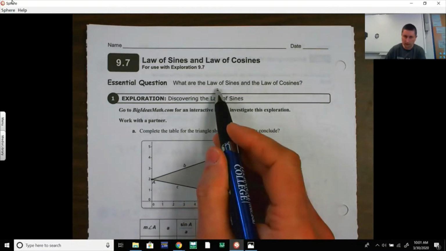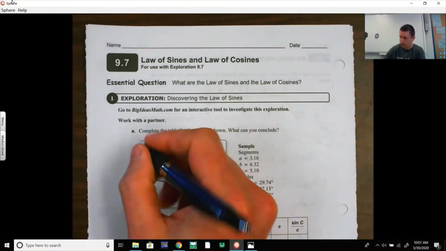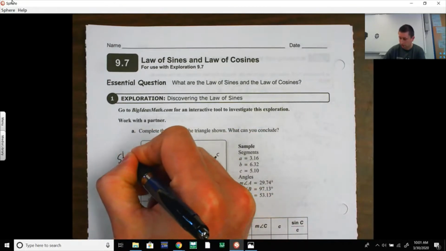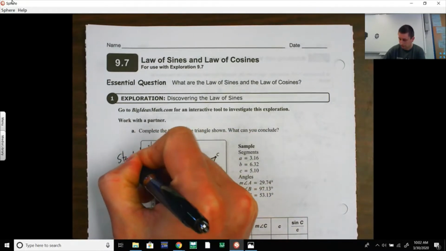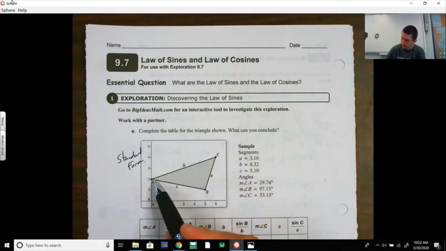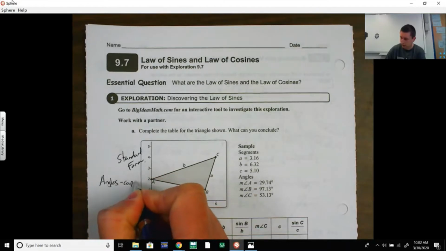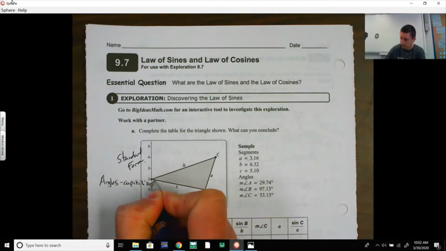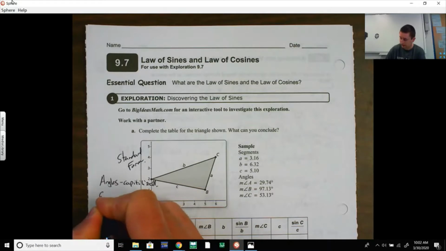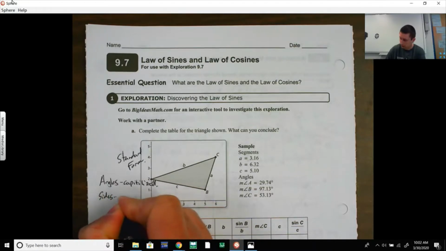The first thing I want to cover, this is page 272. So we're doing the law of sines and law of cosines. A triangle in standard form has A, B, and C. Capital letters are the angles, so the angles are capitalized. The side lengths are lowercase.